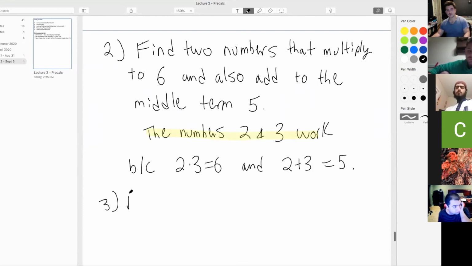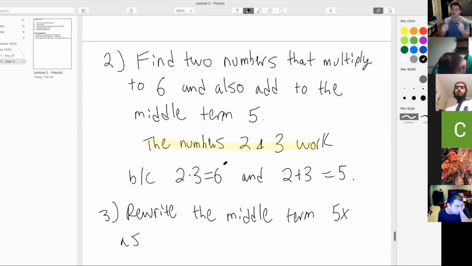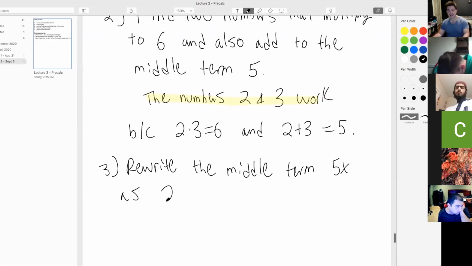The third step is to rewrite the middle term 5x using our two special numbers. So you rewrite it as 2x plus 3x. We're splitting apart the middle term into our two special numbers.